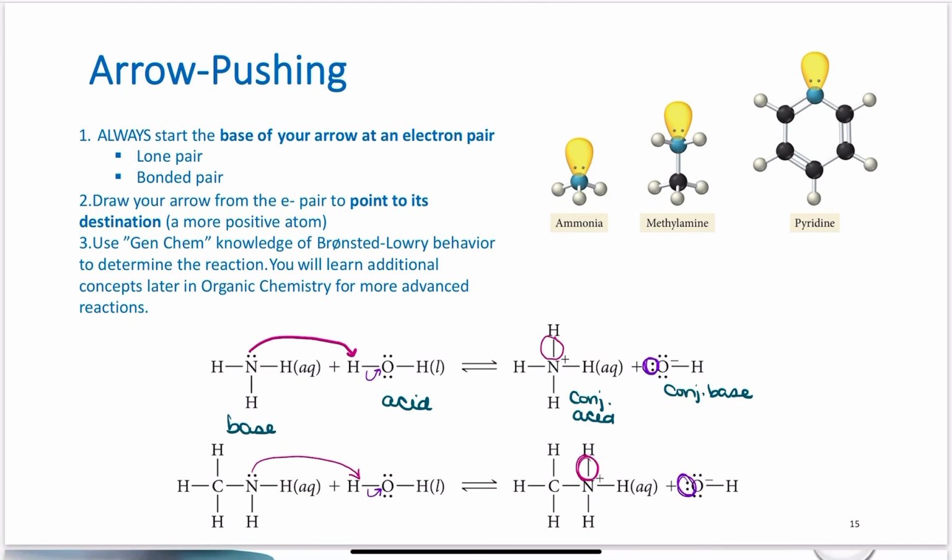You are responsible for arrow pushing and being able to identify, starting at that lone pair or bonded pair, where does it travel? It takes the proton. Where do electrons go from where that proton was originally bonded? They go to the resulting acid. It's an acid because it's an electron pair acceptor. It accepts that electron pair from that bond and lets the proton leave. It's a proton donor, Bronsted-Lowry definition, electron acceptor, Lewis definition. You are responsible for arrow pushing. So please, please, please practice that.